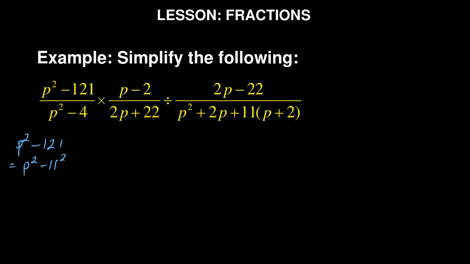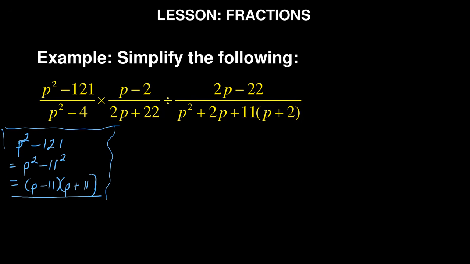You can see now it is a difference of 2 squares, and it is very easy to simplify. You put your brackets and you've got p minus 11 and p plus 11. So that's the first part.